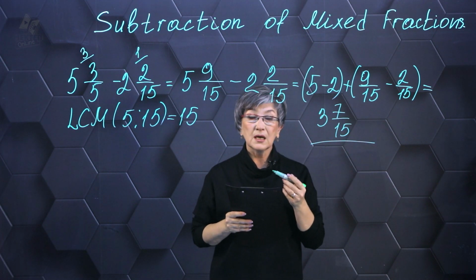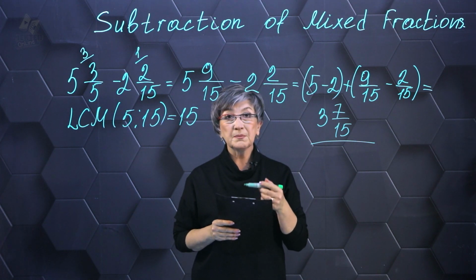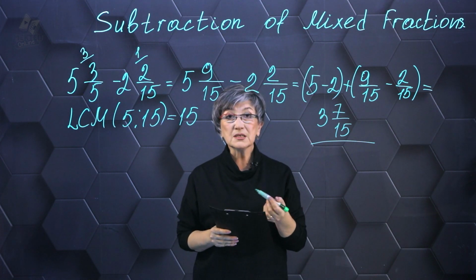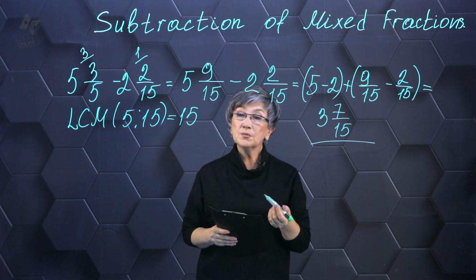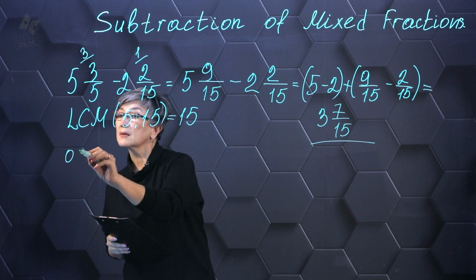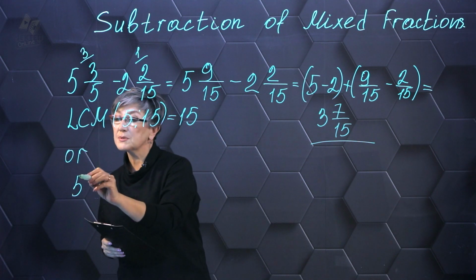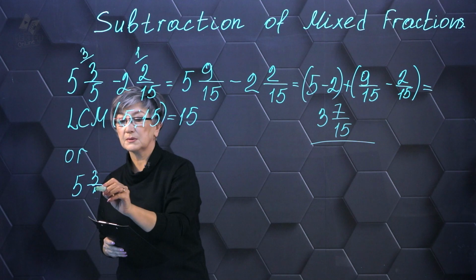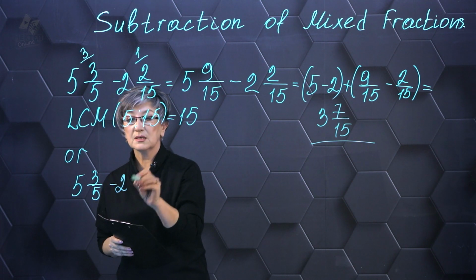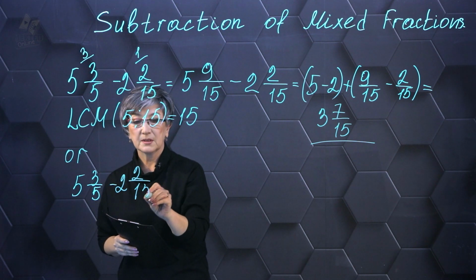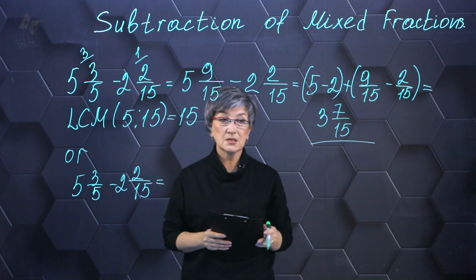But I previously mentioned that there is an alternative method that is frequently employed. So I can write down 5 3/5 minus 2 2/15. What can we do now?